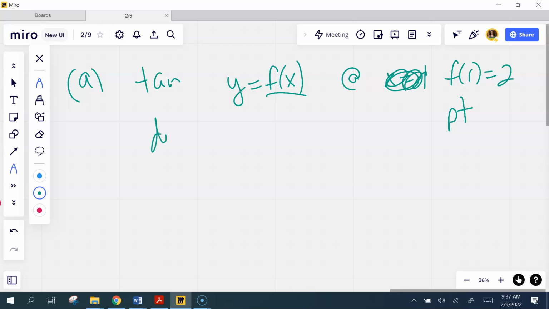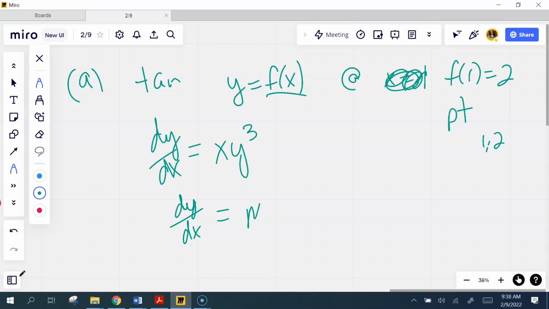Well, I have a derivative equation, and we know that derivative means slope at a point. So if the derivative is xy cubed, then if I plug this point (1, 2) in, it will give me the slope at that point. Do we all understand why? Okay. So the derivative, which is also the slope of the tan line, is 1 times 2 cubed, which is 8.